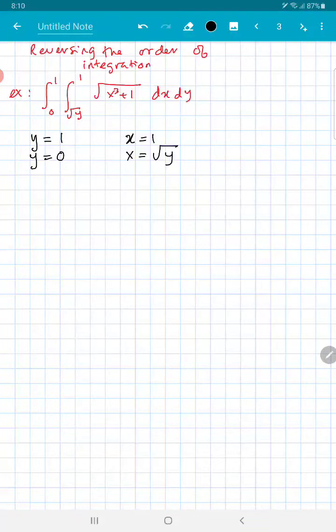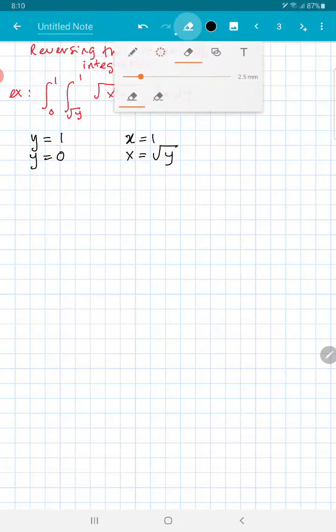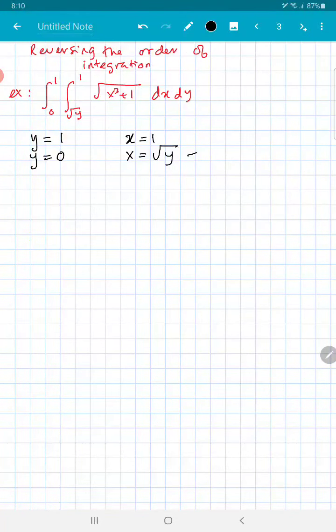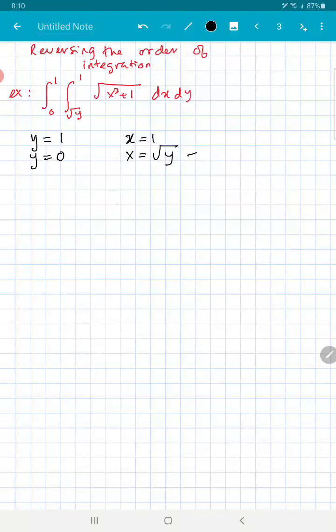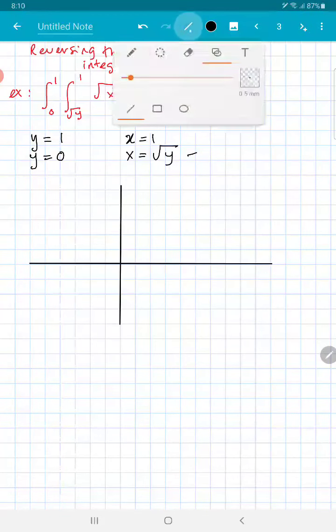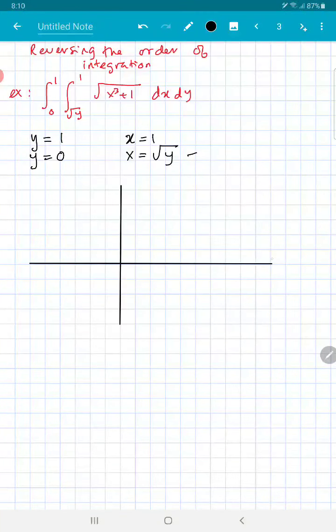As you can see, we have three straight lines, and this one is only part of the parabola. First, the x and the y-axis. Let's sketch this. So we have the y-axis and the x-axis. Let's sketch the straight lines first. So we have y equals 1, which is a horizontal line.